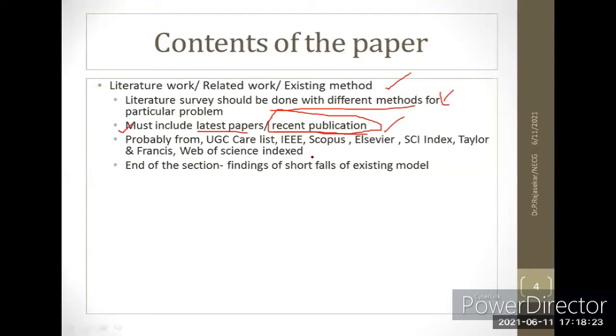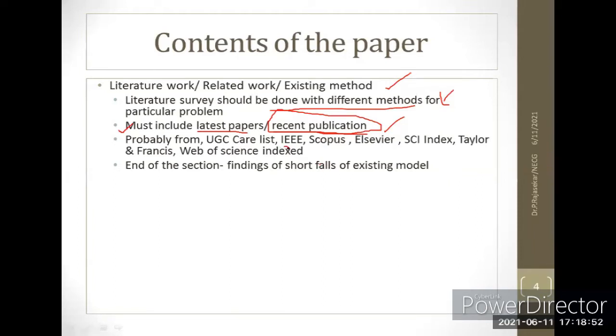In your reference list, at least more than 50%, and in the best papers more than 90%, of the papers should be in these categories. Okay, so that is an important one. Your references tell how good your paper is, or how much you have worked in that area, and how you compare with the existing method.